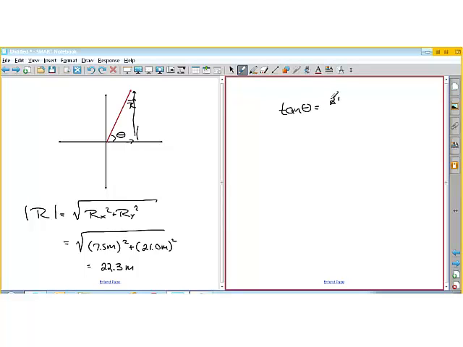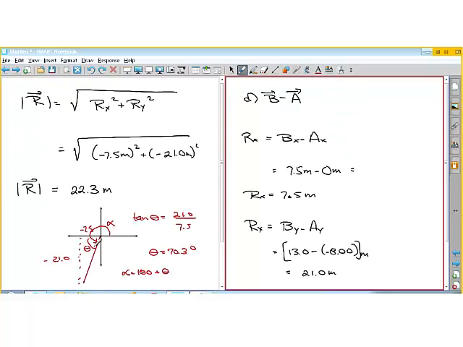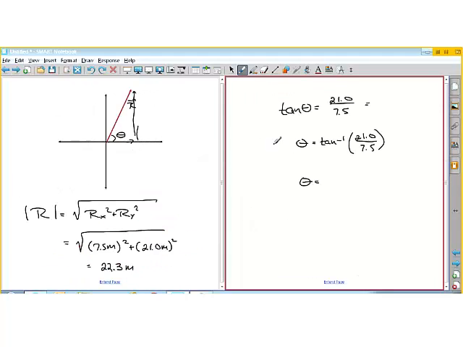We don't have to add or subtract anything, so it's 21 over 7.5, r sub y over r sub x. Therefore, theta is equal to the inverse tangent of this. We already know this answer from previously: 70.3 degrees. Since this is the first quadrant, we just use it. So the answer for the last part is 22.3 meters and 70.3 degrees. Okay, so that's problem 131.